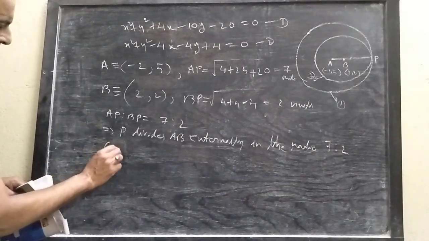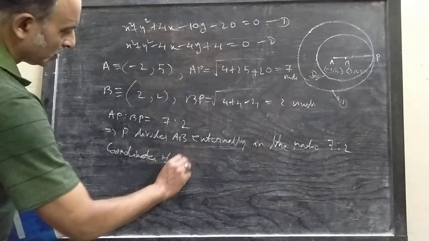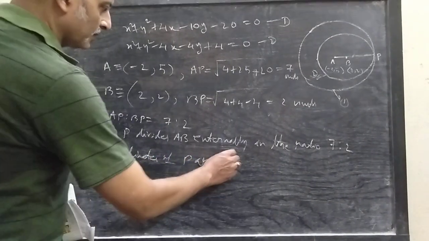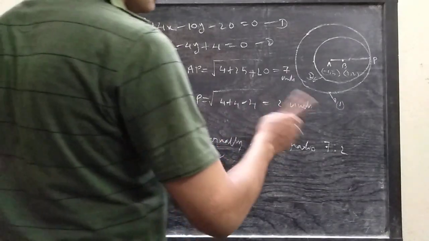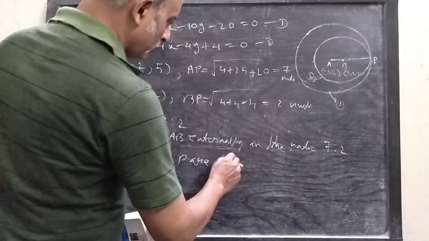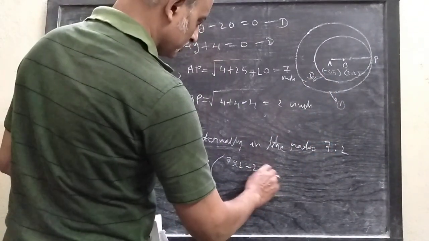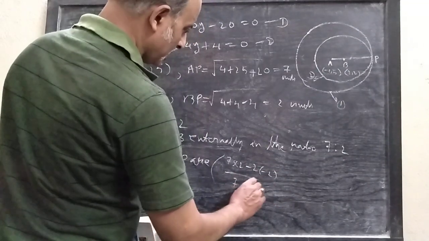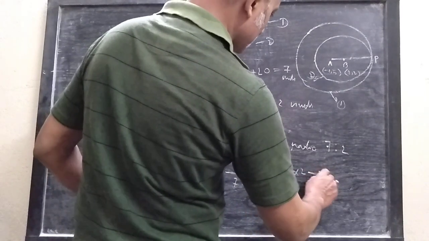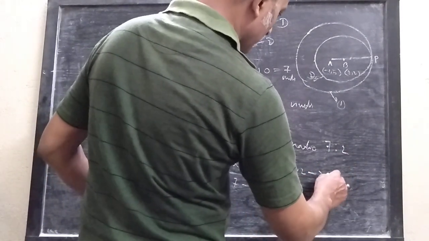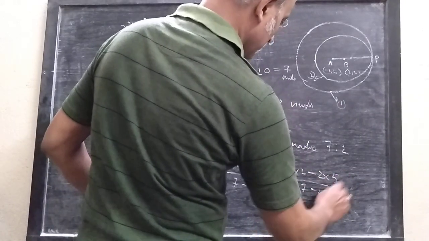Therefore, the coordinates of P are (mx2 minus nx1) by (m minus n). 7:2. So 7 into 2 minus 2 into minus 2 by m minus n, that is 7 minus 2. Then 7 into y2, y2 is 2, minus n into y1, into 5, by 7 minus 2.